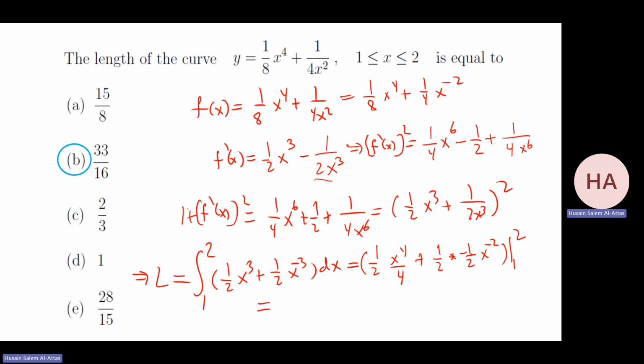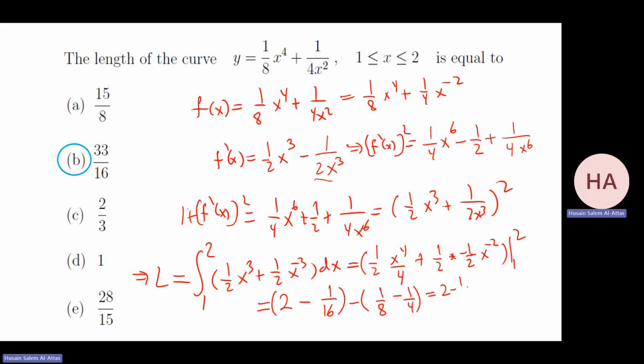Okay, that gives me what? 2 to the power 4, 16 over 8, that is 2. Minus or plus, minus. This one will be what? This is 1 over 4 minus 1 over 16. Minus, I have here 1 over 8 minus 1 over 4. Okay.